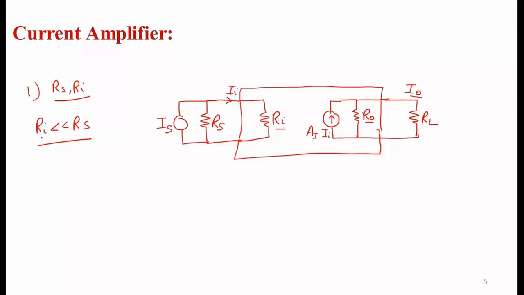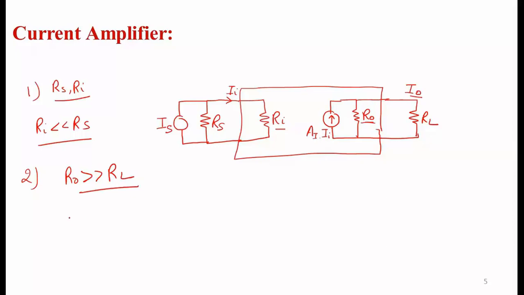So one condition is that the input resistance of the amplifier should be much less than the source resistance of the current source. The second condition is that we want the maximum current to pass through RL. In this case, we require that the output resistance, R naught, should be much greater than RL, so that the maximum current passes through RL.